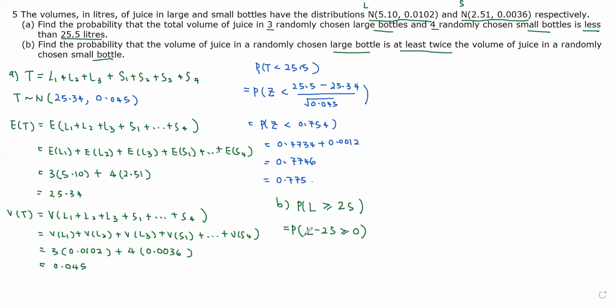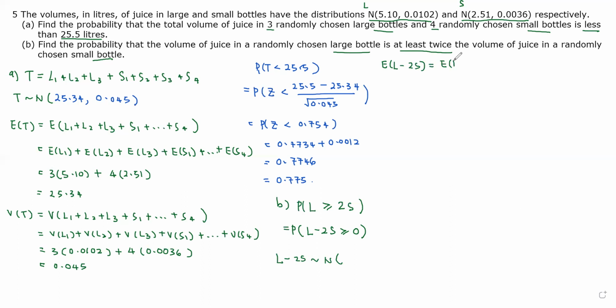We need to find the distribution of L minus 2S. L minus 2S still follows a normal distribution because it's just a linear combination of normal distributions. To find the mean, we find the expected value of L minus 2S.